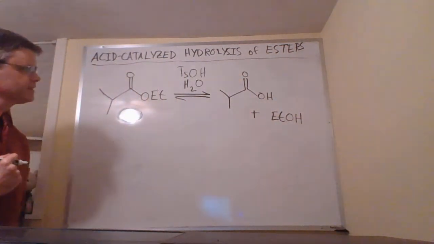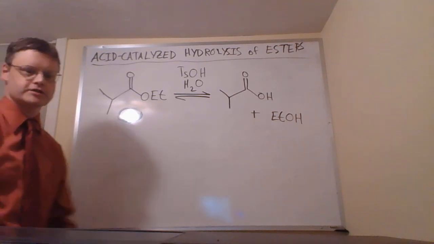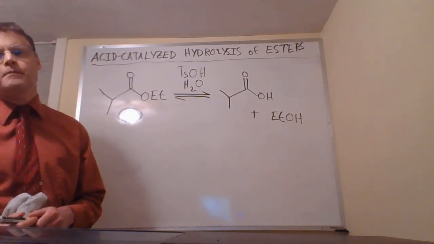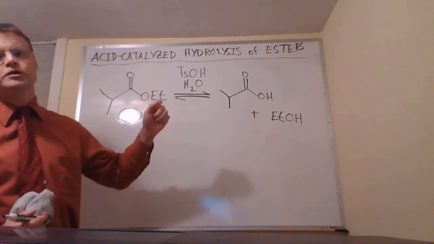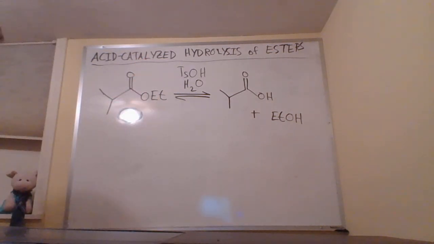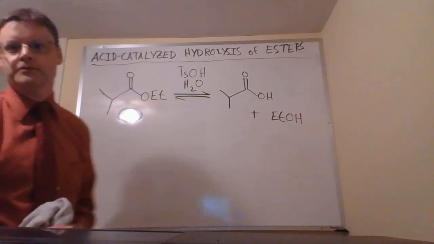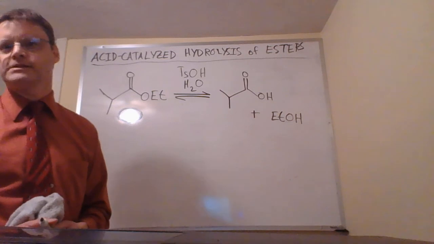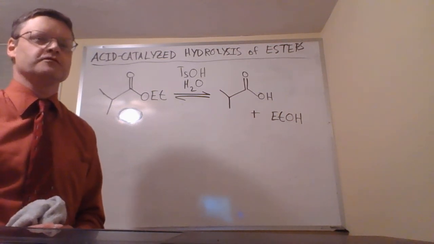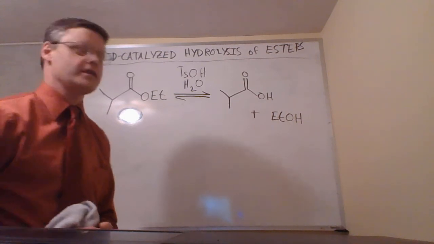All right, so let's look at the mechanism of this reaction. You'll note I said the base version of this was base promoted, whereas this is acid catalyzed. I consulted with my faithful assistant here, Professor Pink Penelope Pigtails, and she agreed with me that this was acid catalyzed, not acid promoted. So see if you can figure out from the mechanism why that is.